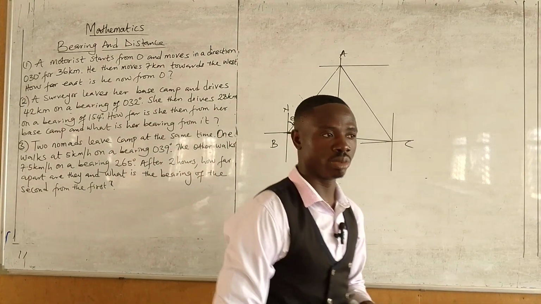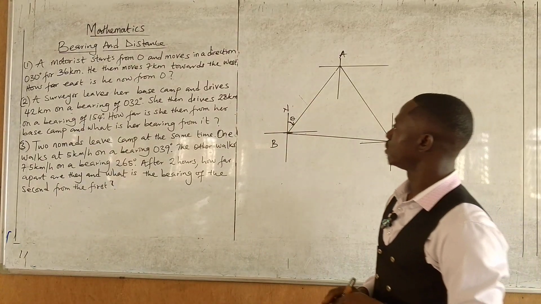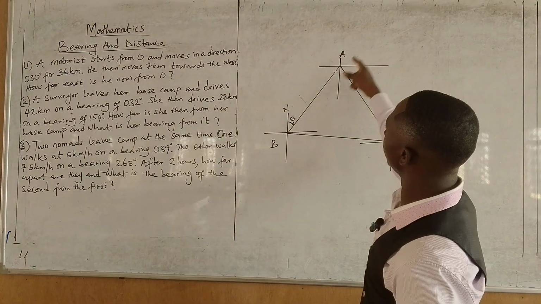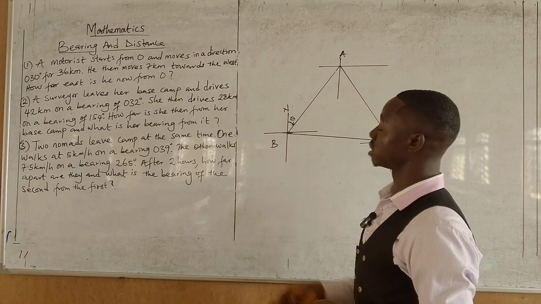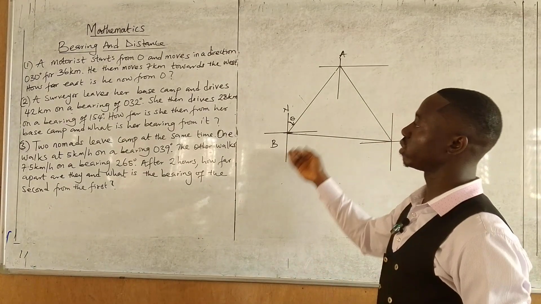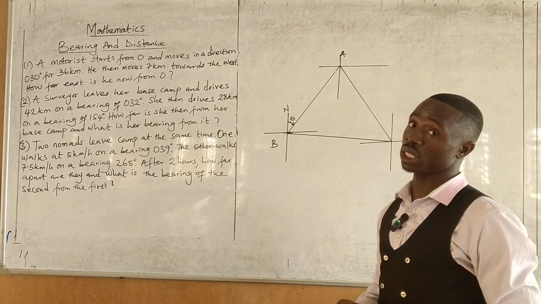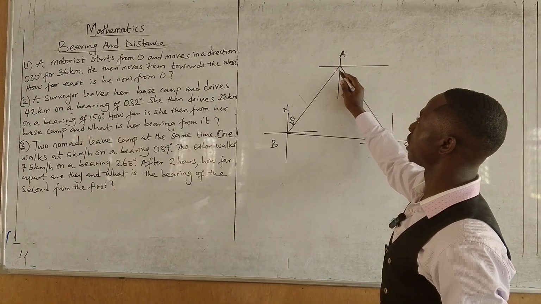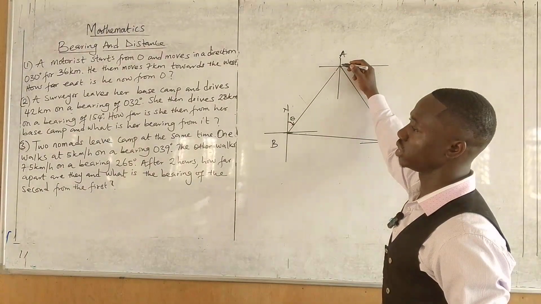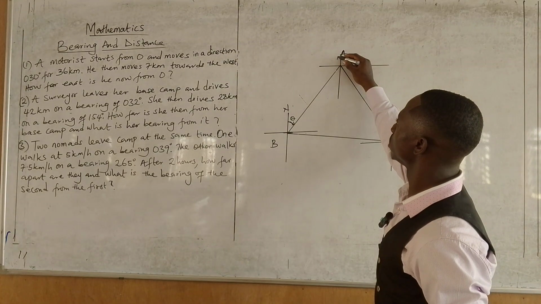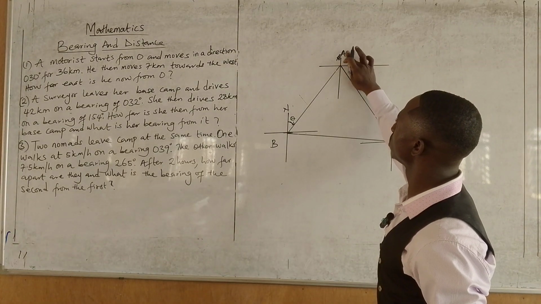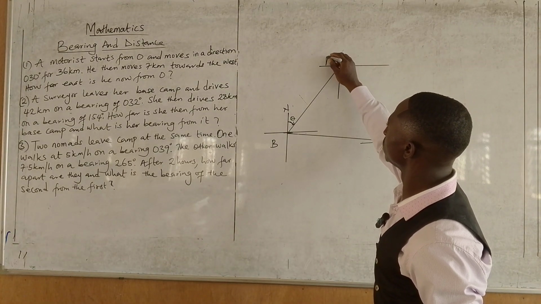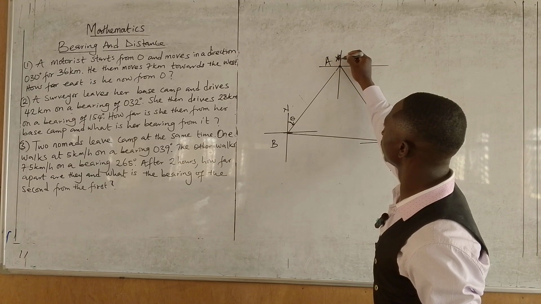What about the bearing of B from A? It's the same line you are going to look at. Since it's the bearing of B from A, look at the straight line connecting A and B. Now, where will I go this time around? I will go to point A. Then I will also go to the north. Point A is here, so this is the north.